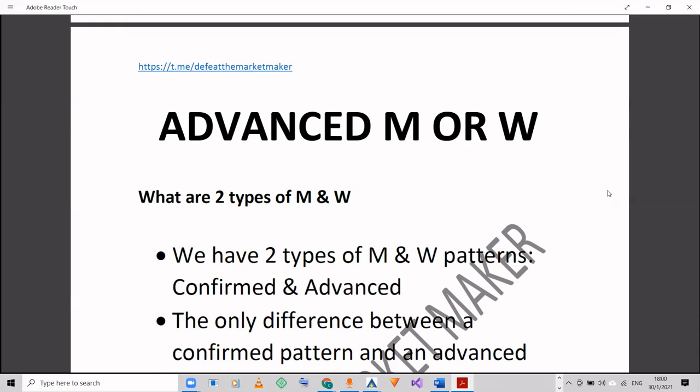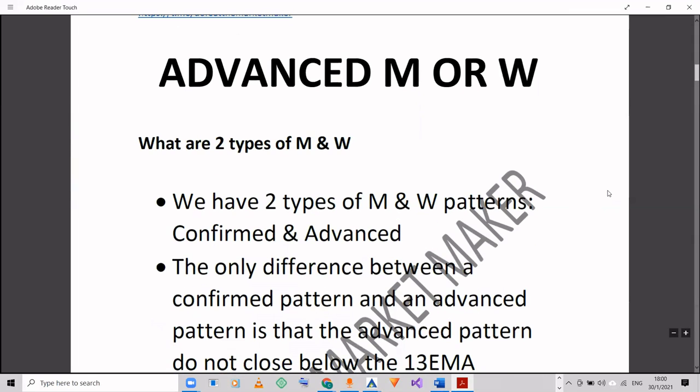So the only difference between the confirmed pattern and an advanced pattern, now this is the definition of each one and how they're differentiated.